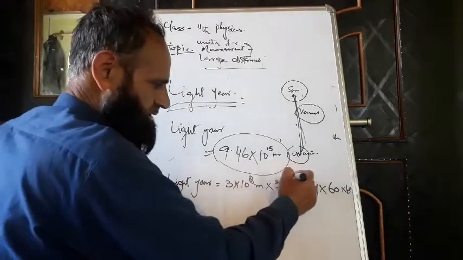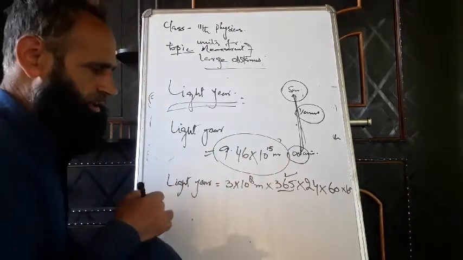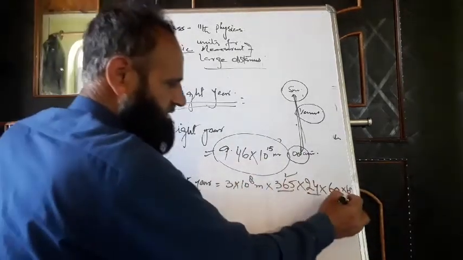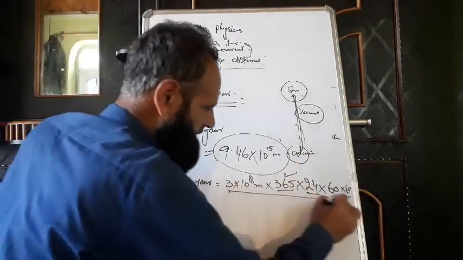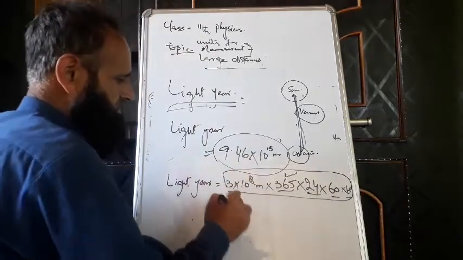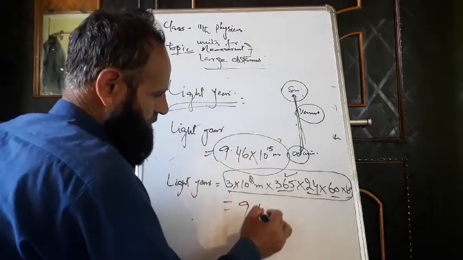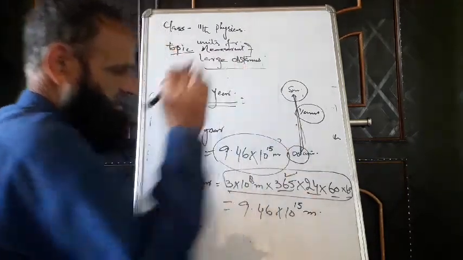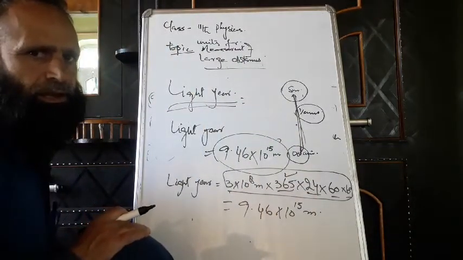It is 1 year: 365 days, 24 hours, 60 minutes, and 60 seconds. After calculating this, it becomes equal to 9.46 into 10 raised to power 15 meters. It is 1 light year.